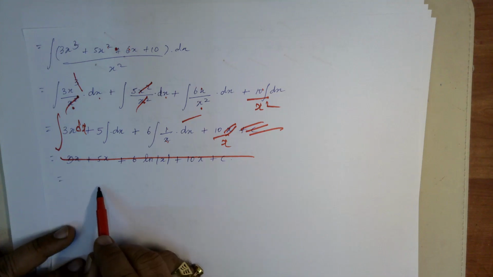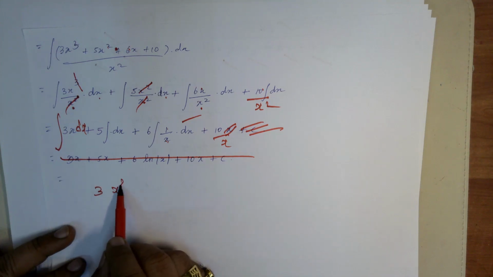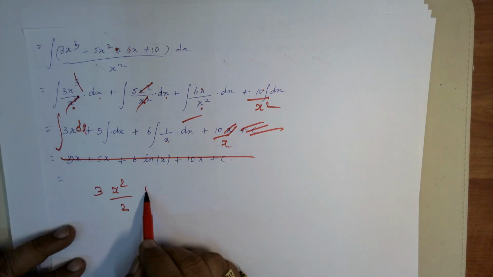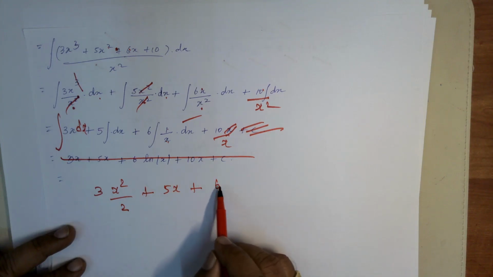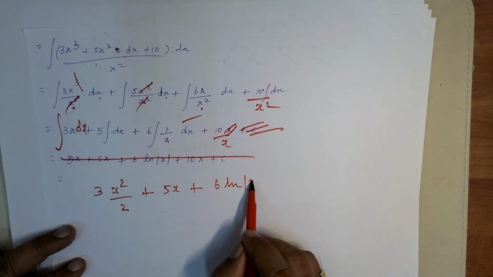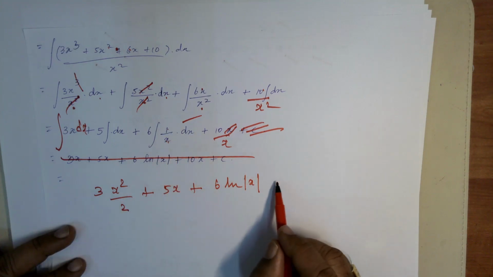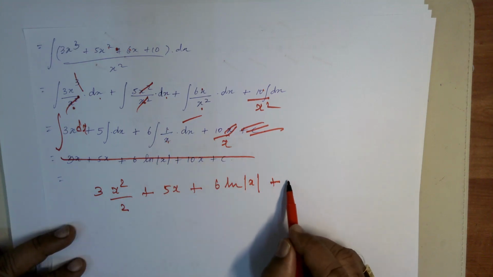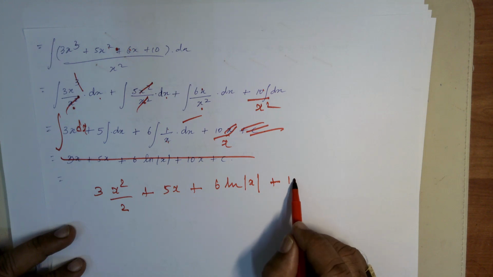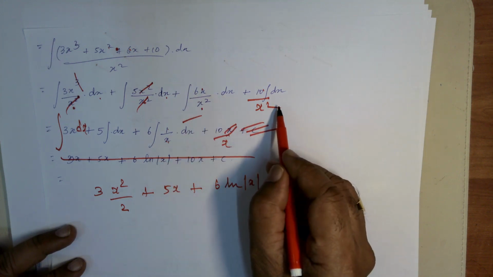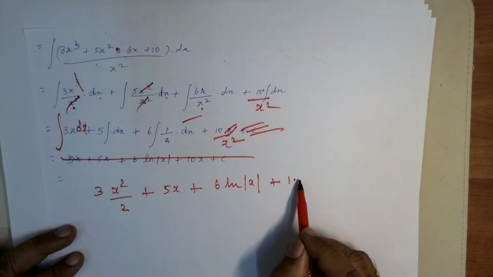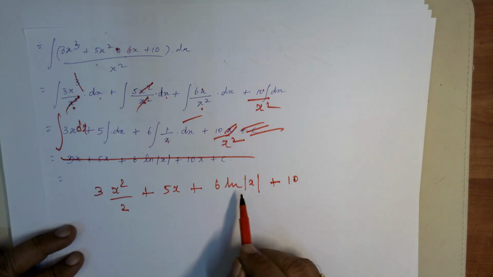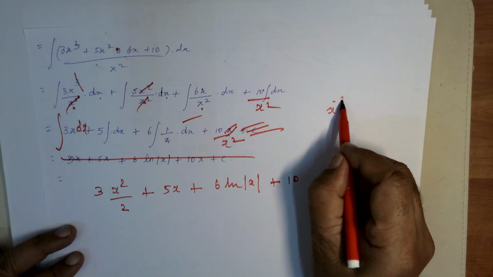So 3x dx means what? That is 3 into x squared by 2, plus 5 into x, plus 6 into log x, because 1 by x, right? Plus, what about this? 10 by x squared, is it not? So 10 into 1 by x squared. 1 by x squared is x power minus 2.